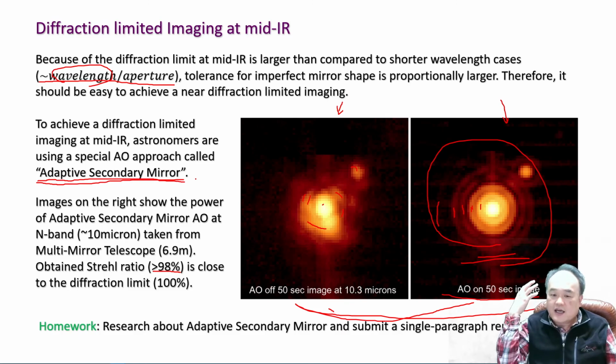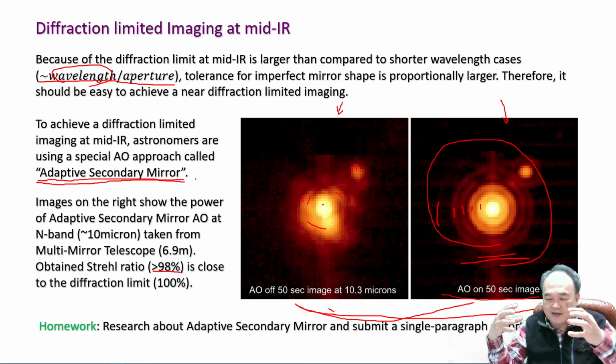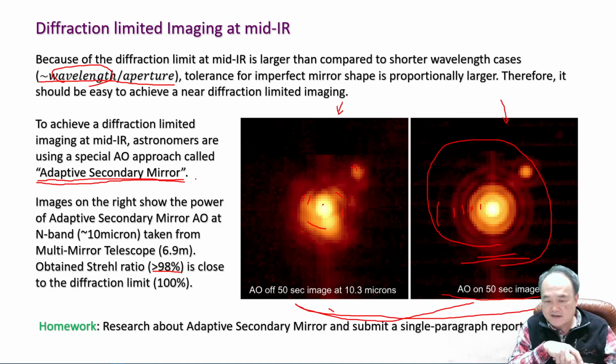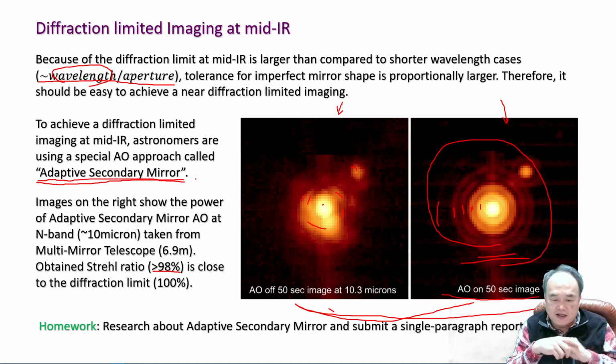In short, the adaptive secondary mirror is an adaptive optics instrument at the mid-infrared, and basically because we cannot cool all those warm optical elements that appear in conventional adaptive optics instruments, we have to minimize the number of optical elements.